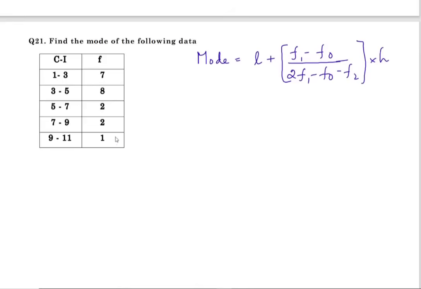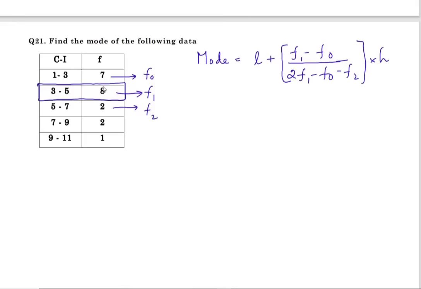In the given frequency, the highest frequency is 8, so mark the class. It is the modal class. Now draw arrow marks like this, above and below the maximum. Now it will be F, F, F, starting from 0, 1, 2. F1 is 8, above is F0 which is 7, and below is F2 which is 2.